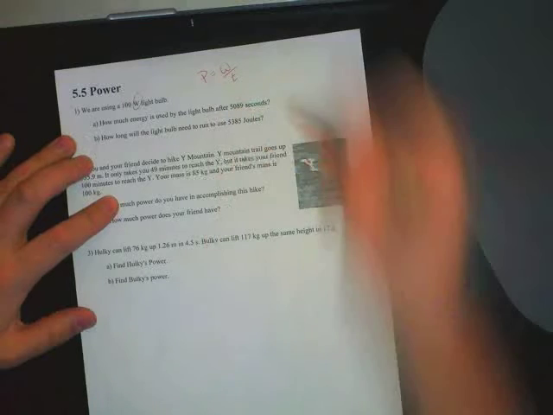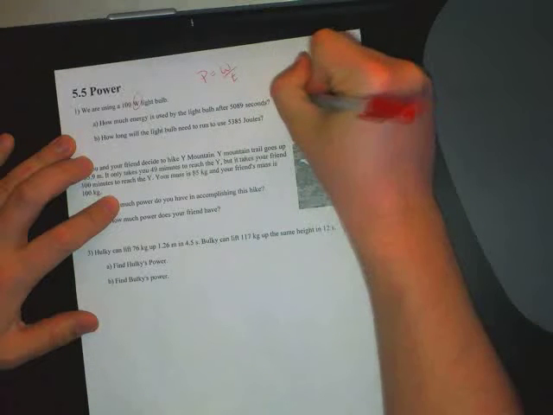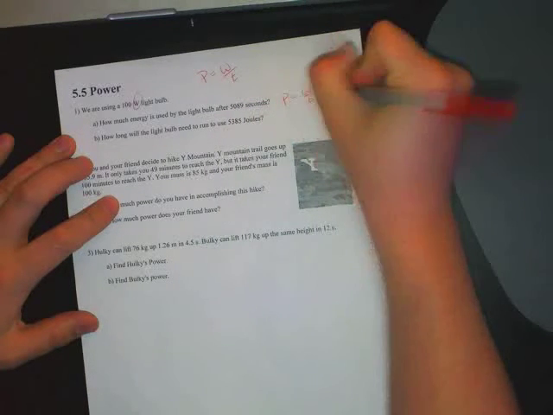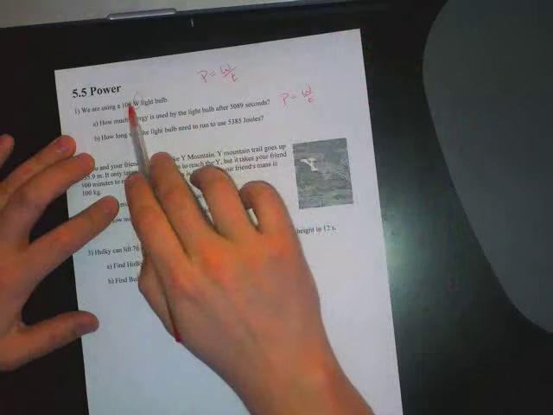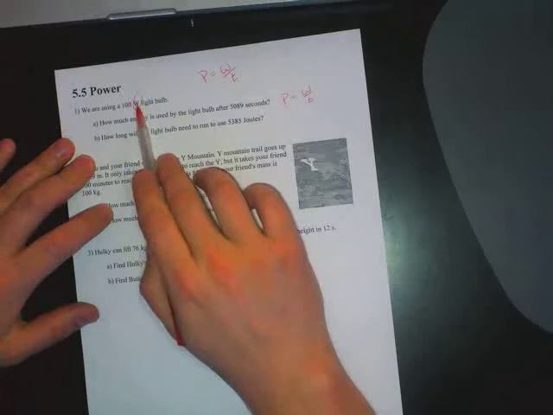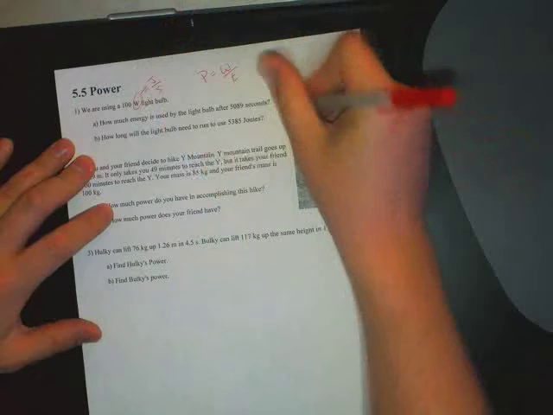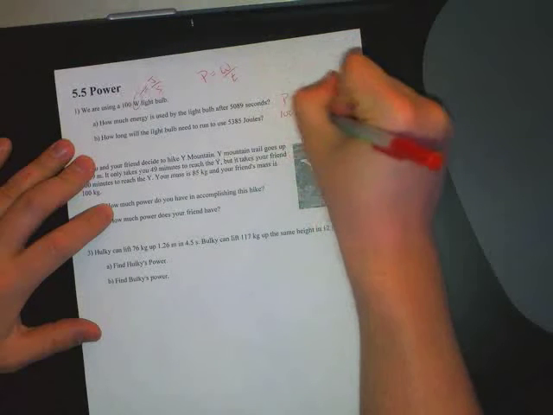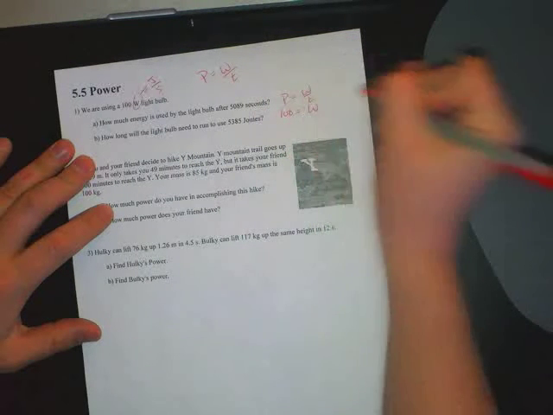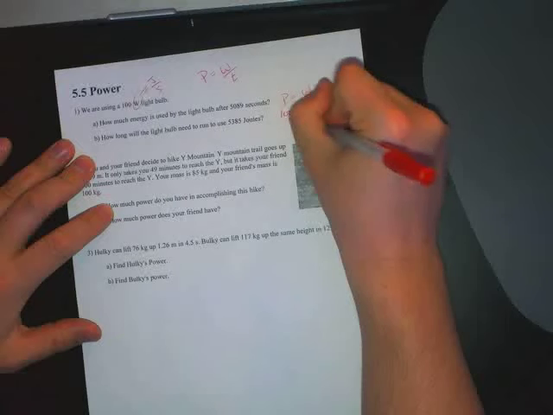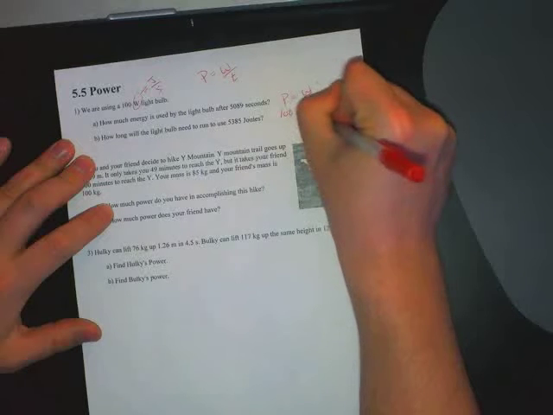Well, if power equals work over time, and we know our power, it's 100 watts, which means 100 joules per second, then we can go with 100 equals the work, or the energy, divided by the time, which is 5089.